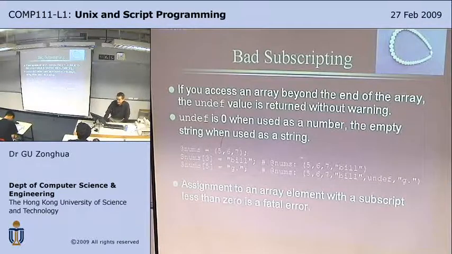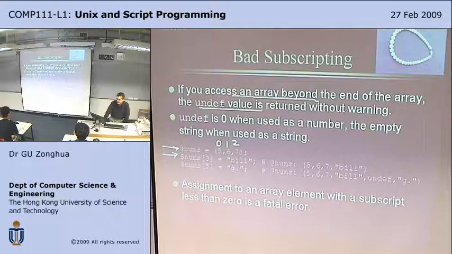If you access an array beyond the end of the array, so this is the 567 3-element array, you assign the third element a value bill. Notice that it starts from 0, so 0, 1, 2. There is no third element. So Perl allows you to do this, except if you access an array beyond the end, it returns undefined value, which is 0 when used as a number, empty string when used as a string.